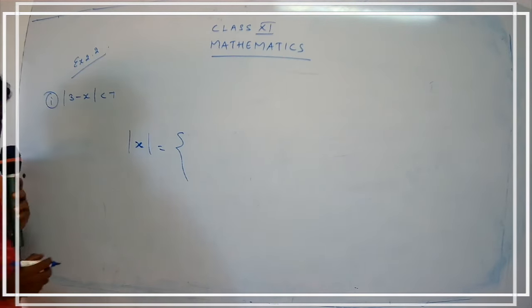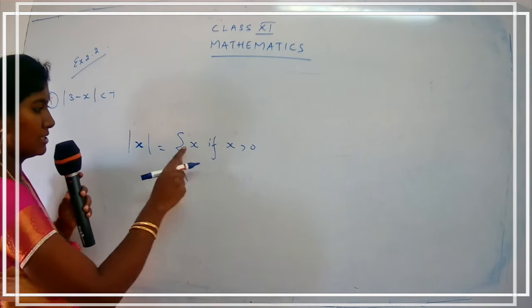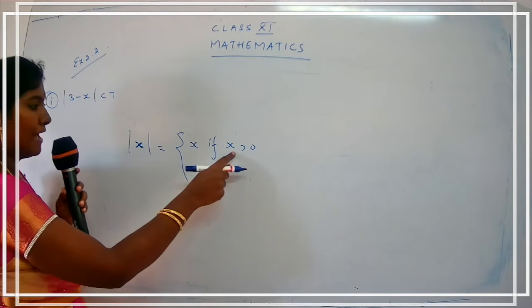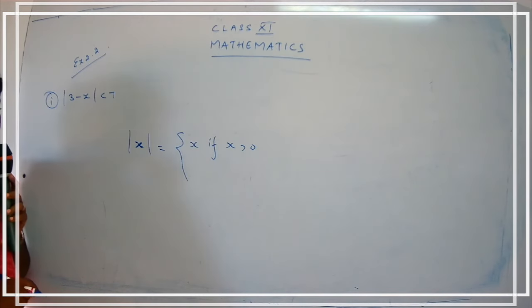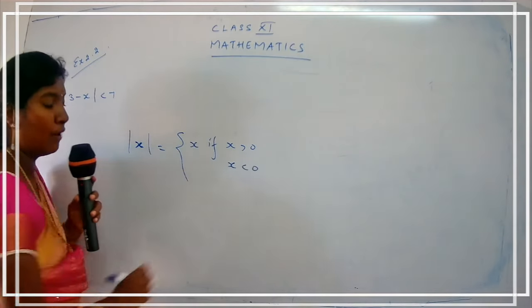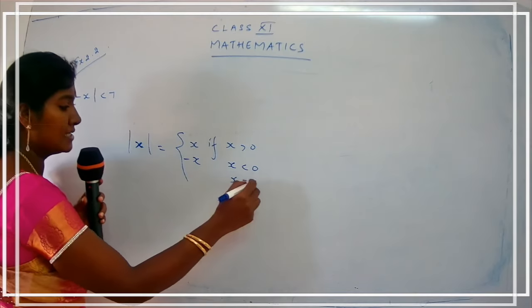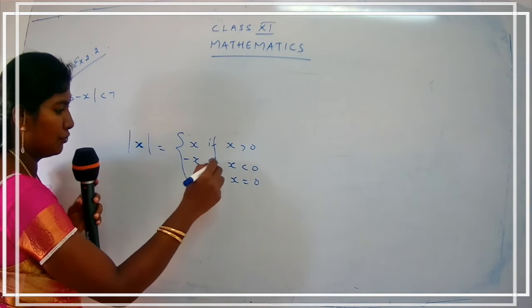If you have absolute value of x, the answer is x if x is greater than 0. That is, if you have the value greater than 0, you have to take the value as x. And if it is less than 0, you have to take the value as minus x. And if x is equal to 0, the value is 0.